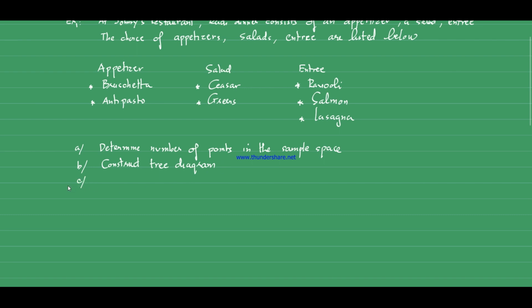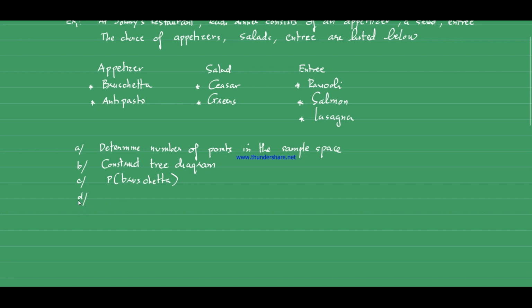Then we want to find the probability of bruschetta for the appetizer.